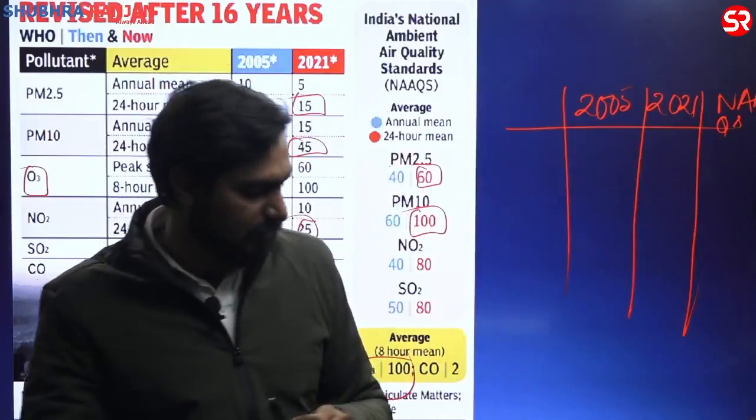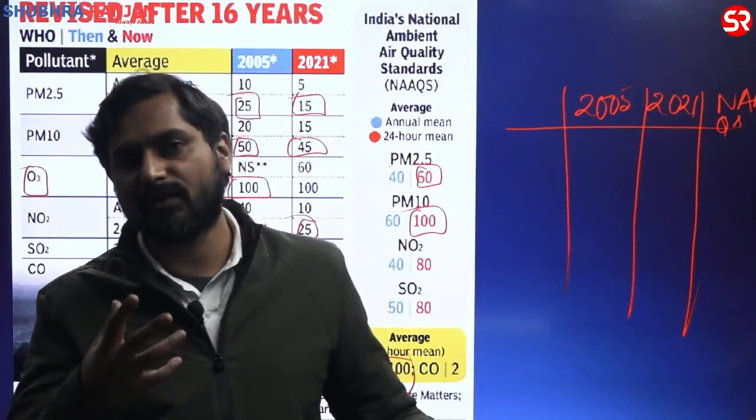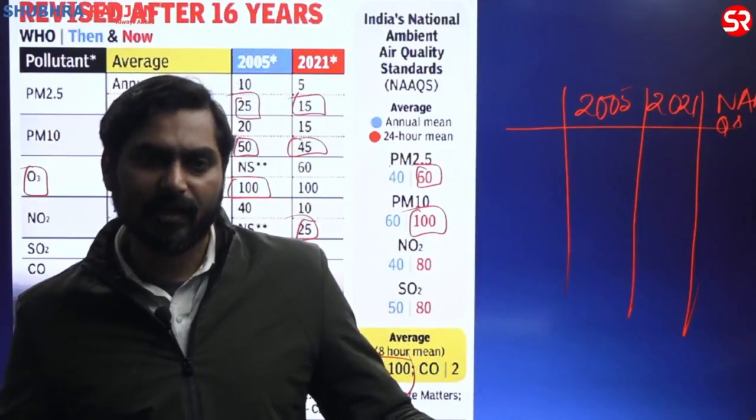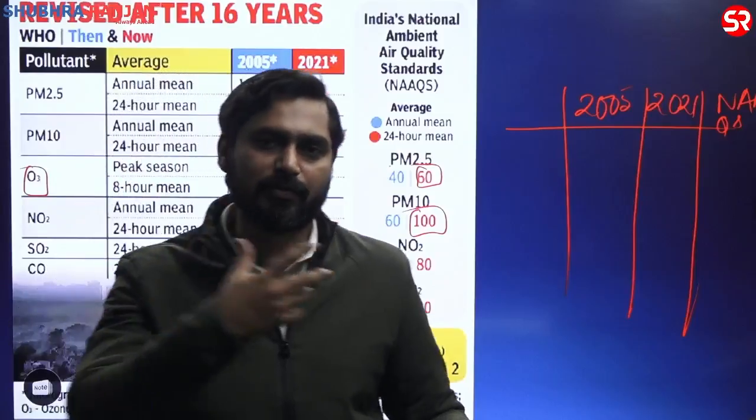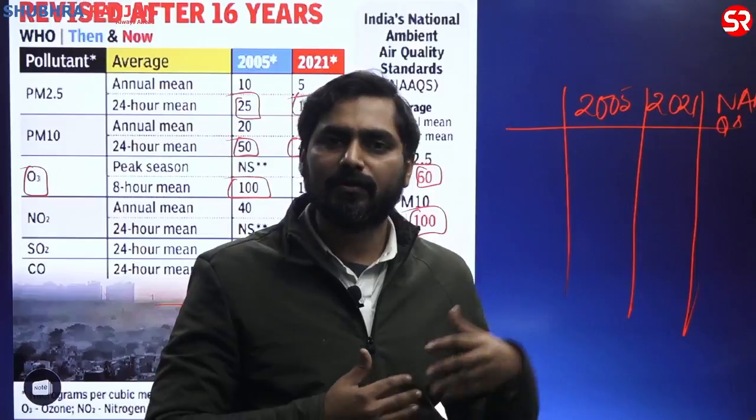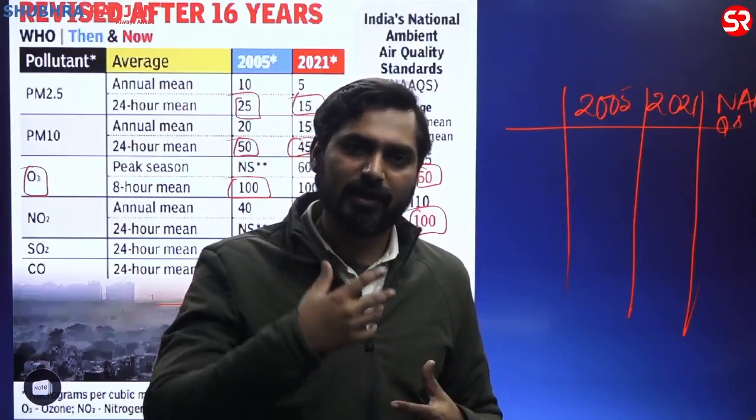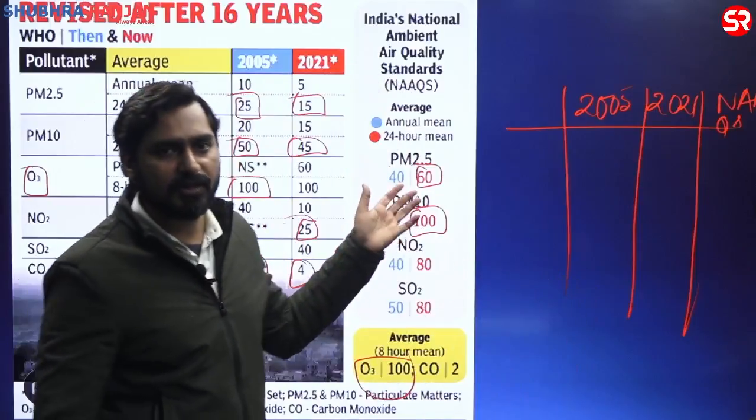Now this program was launched specifically for some cities. These cities were called non-attainment cities. Why? Because according to these standards, they were lagging much behind. So NCAP was launched so that these cities could be brought up to the standards.